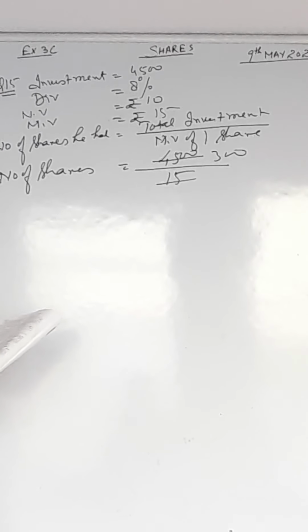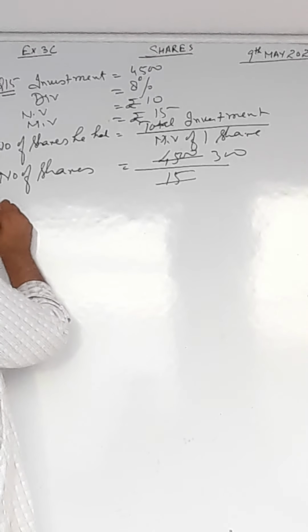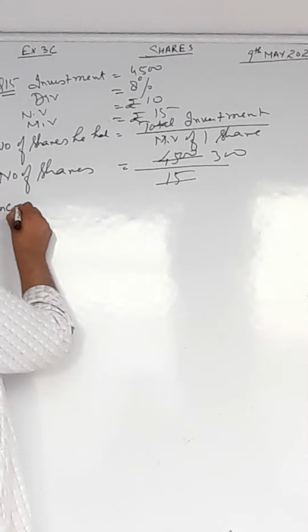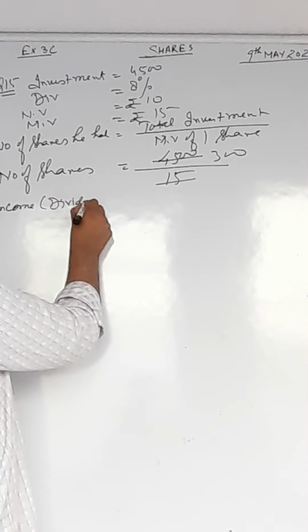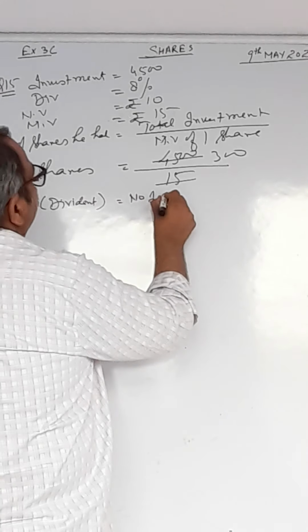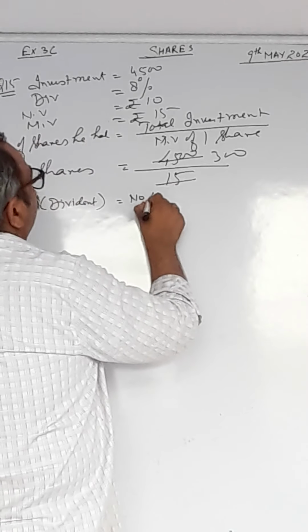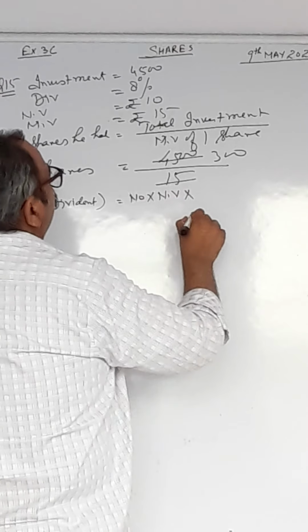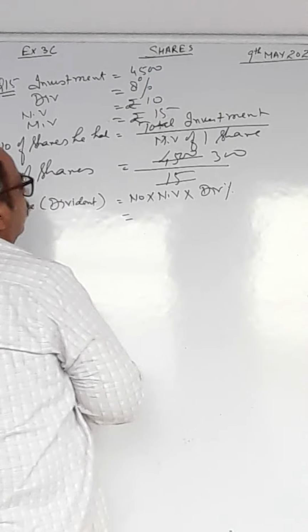Now what he did. Income from these shares, or dividend, is number of shares into nominal value into dividend percent. Number is 300.